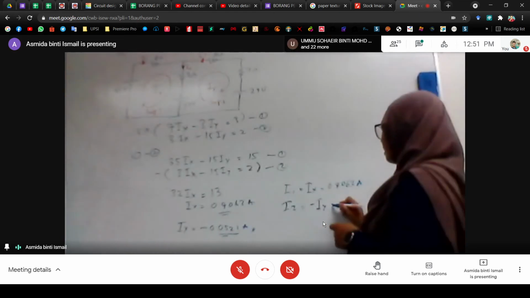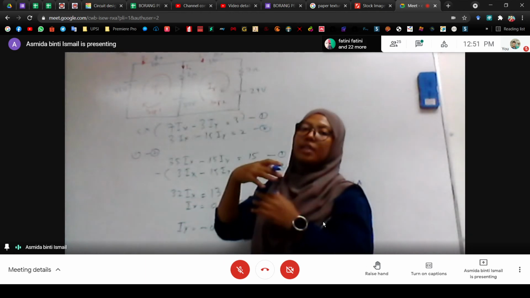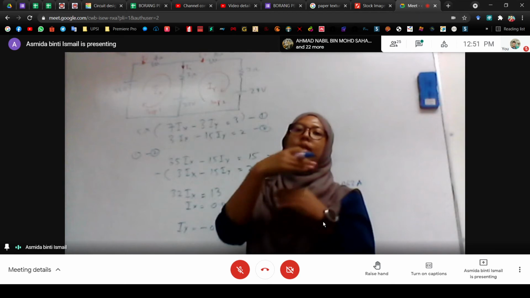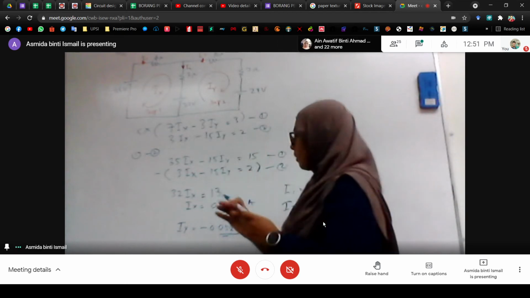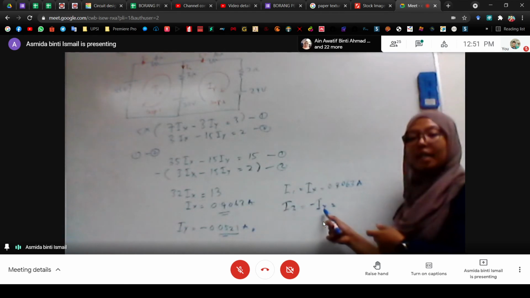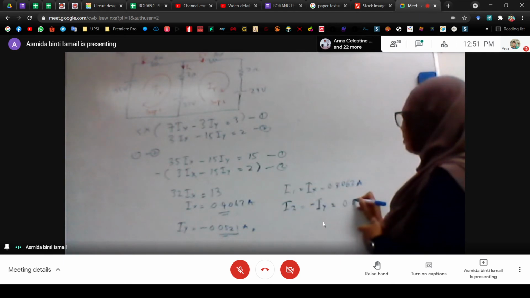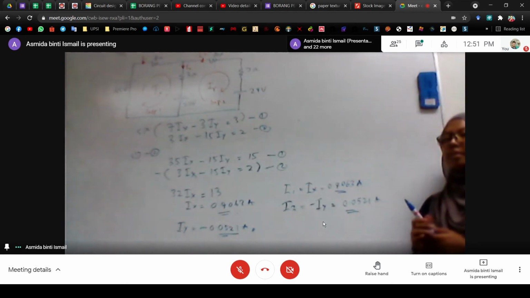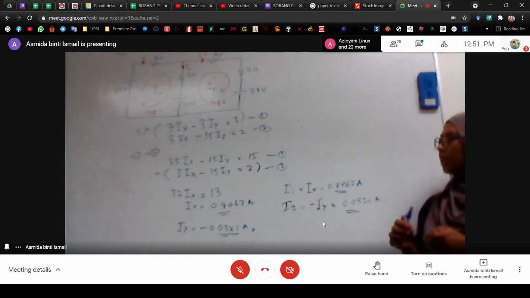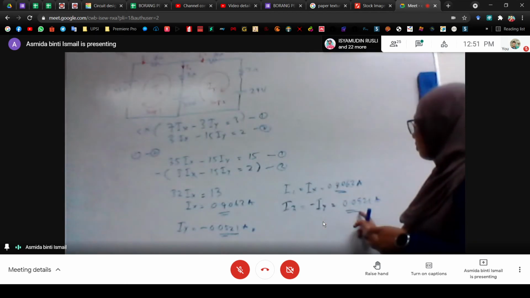Why minus? Because it's a different direction. Iy goes through here, and I3 goes through here. So your I3 is equal to minus Iy. So it means that your I3 is equal to 0.05. So if you look at the answer, I3 is equal to 0.05.